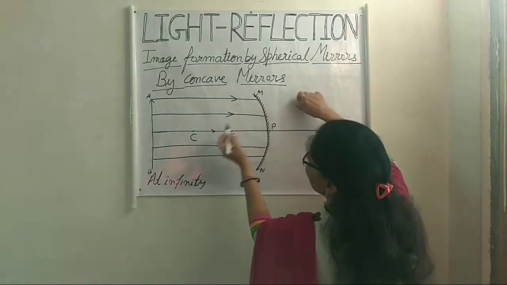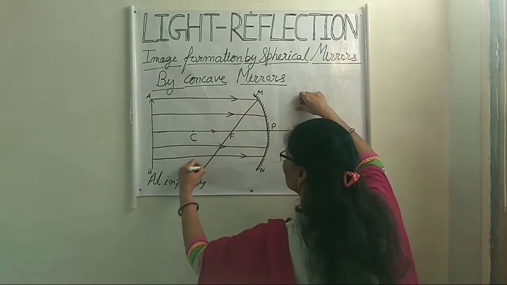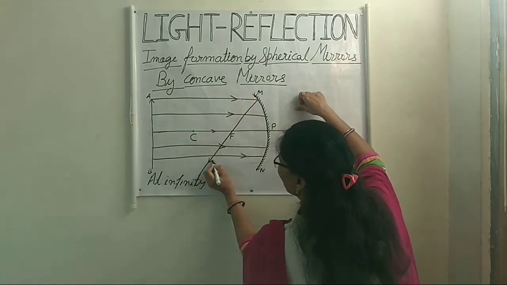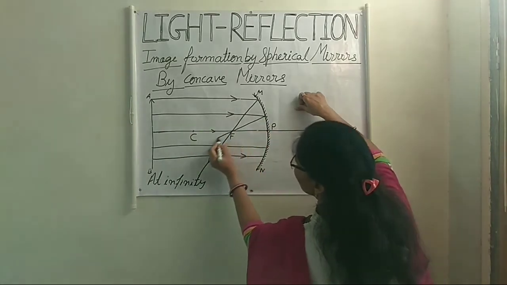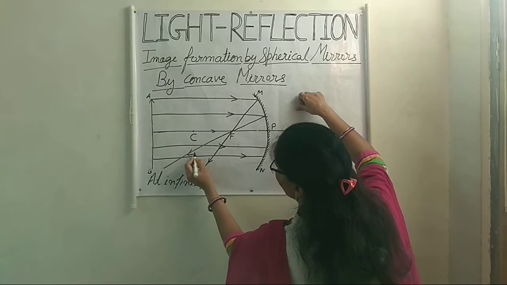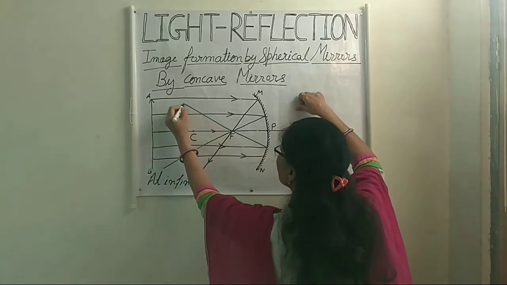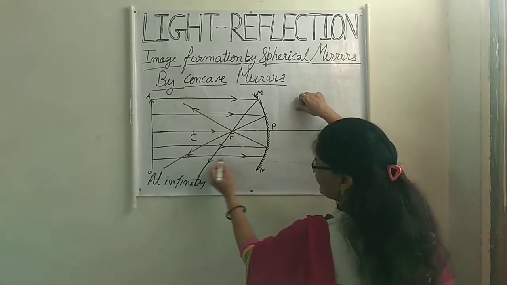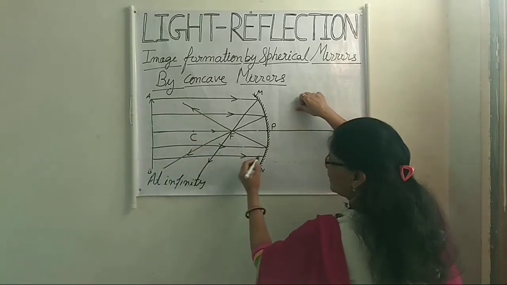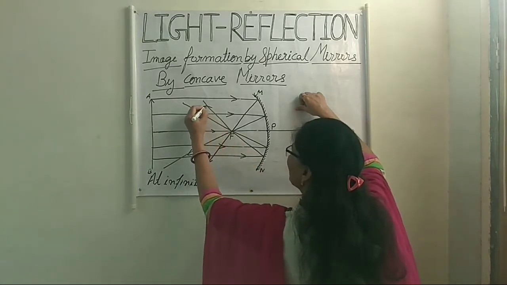So this ray will pass through the focus like this, and this one will again pass through the focus like this, and again this one, and this incident parallel ray will again pass through the focus, and we put arrows like this.